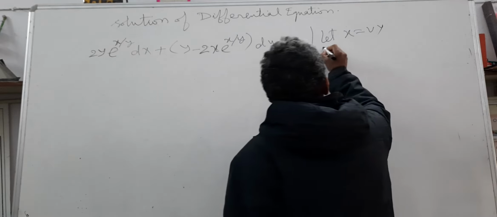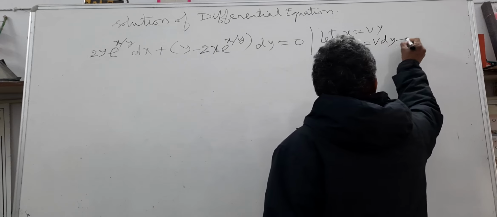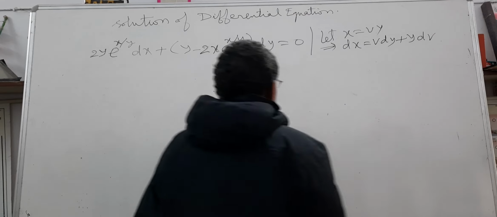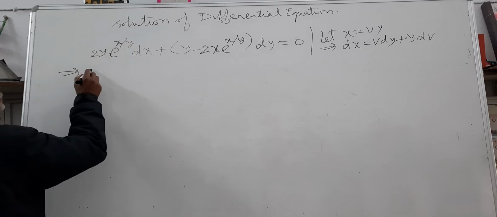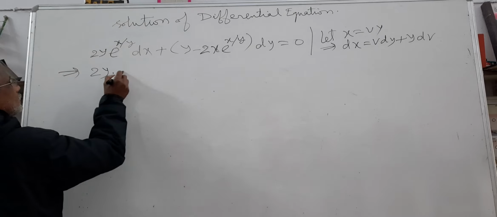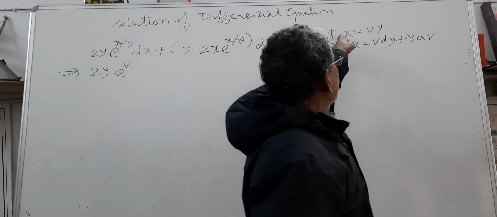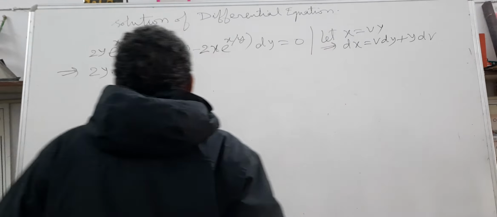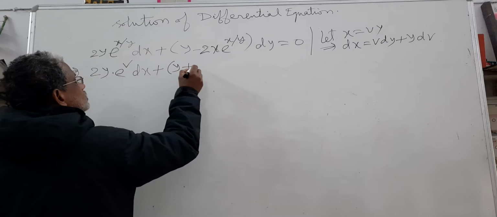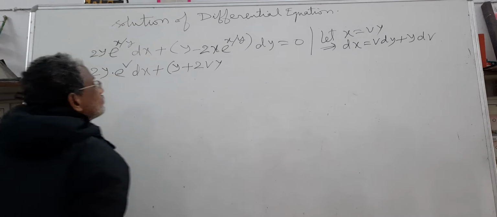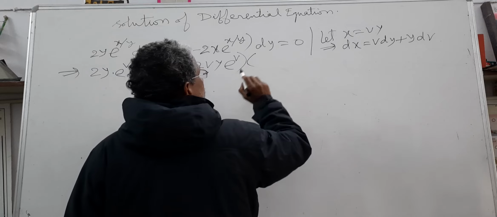Applying the product rule of differentiation, this gives dx is equal to v dy plus y dv. Now this differential equation becomes 2y e to power v into dx, where x upon y is equal to v, plus y minus 2vy e to power v into dy.